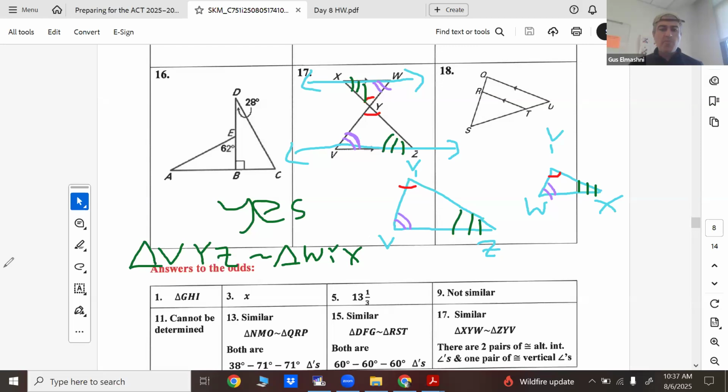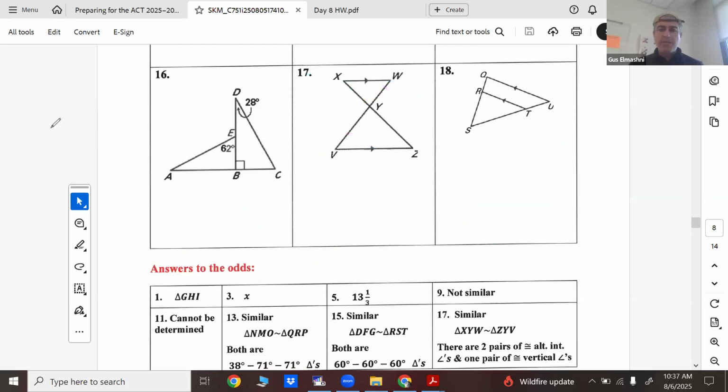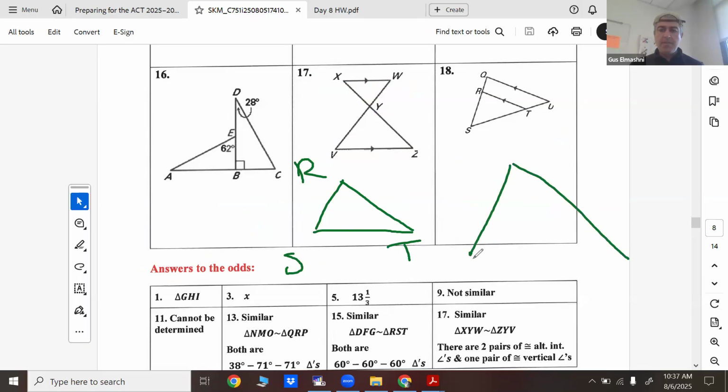Last one, 18. You could look at it like this. Let's break it apart like this for 18. SRT. And SQU.